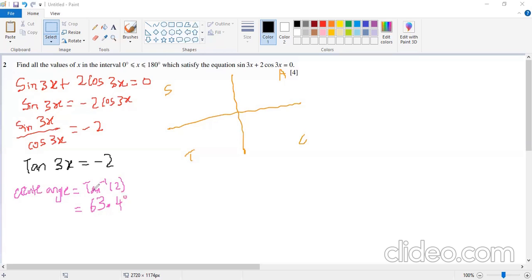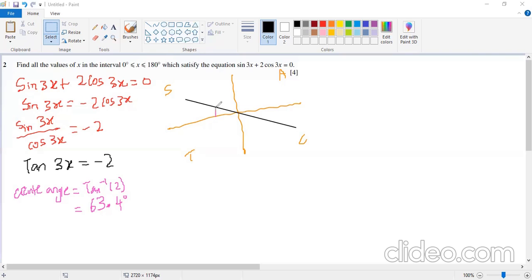Okay, 63.4 degrees. Let's draw these, and the negative sign. Cos is positive here, and sine and tangent. That means tangent must be negative in only two quadrants, where there's no T and no A for all; T for tangent is positive in those regions.